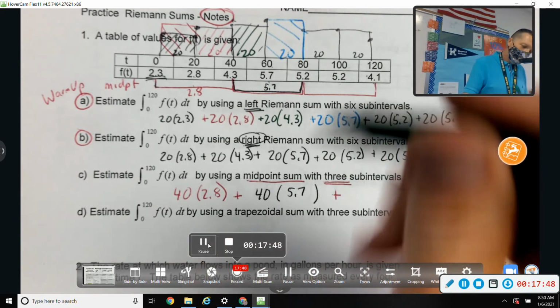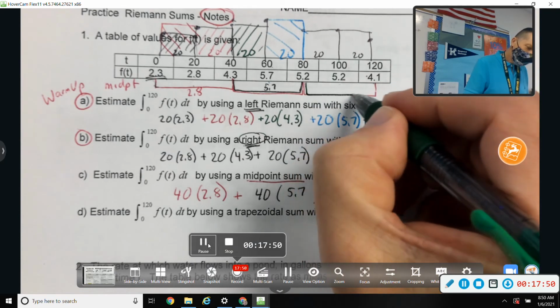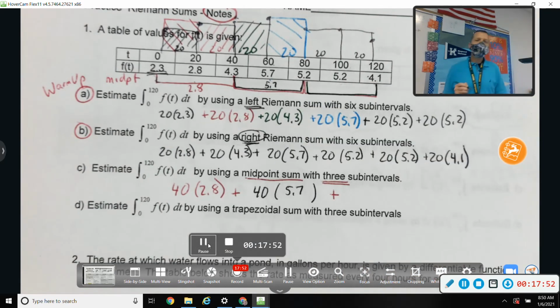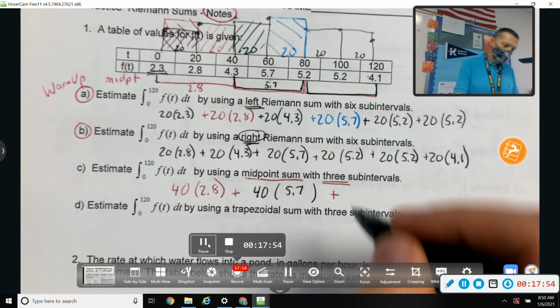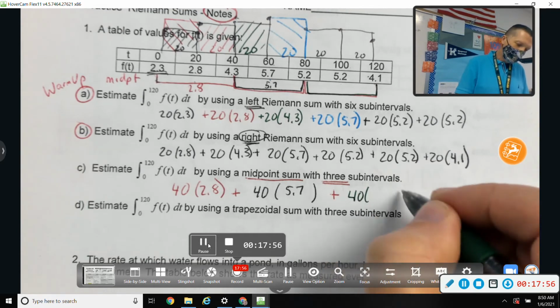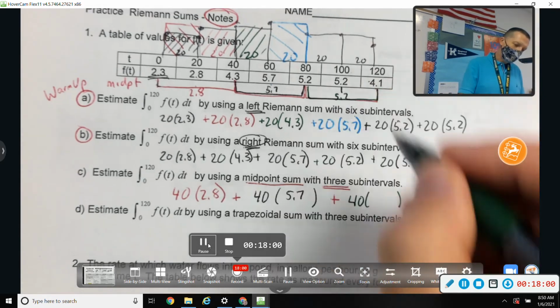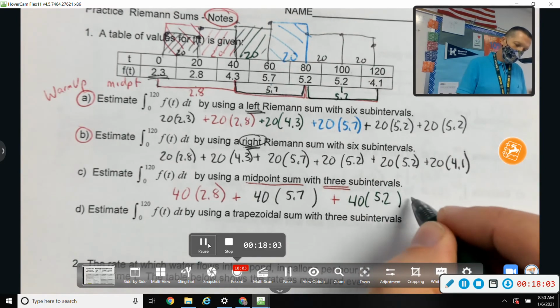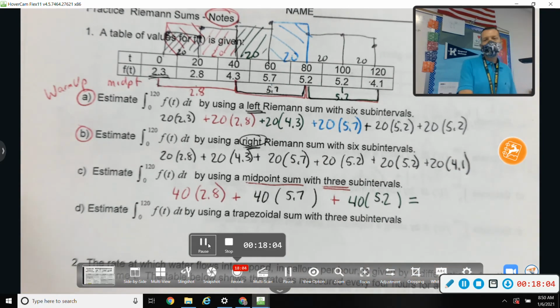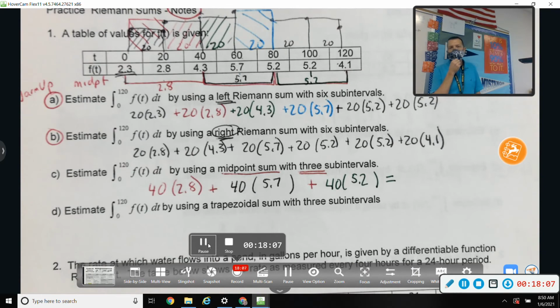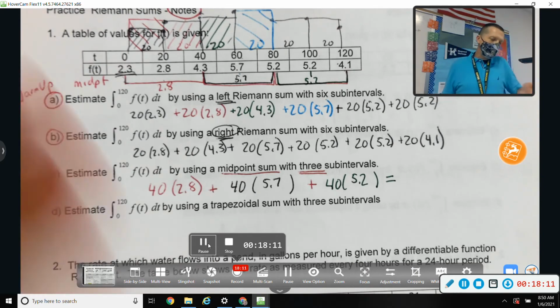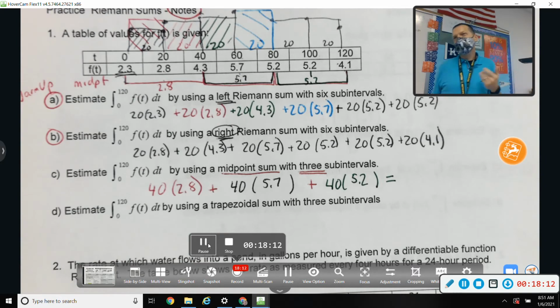And then that last interval, how wide is that interval? 40. And what height should we use for it? 5.2, the midpoint height. And then, again, safe stop, we can leave that as our answer. It might be helpful to calculate them all and see which one, but they're all estimates, so we wouldn't really even know which one is accurate or not.